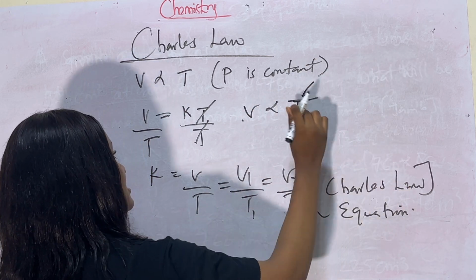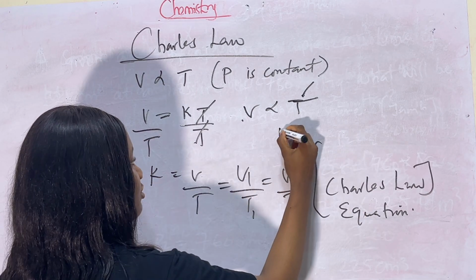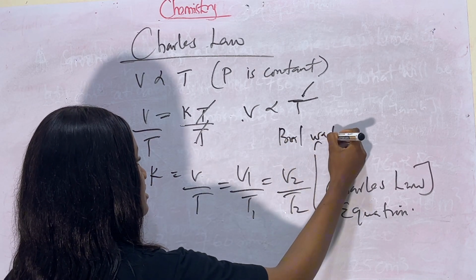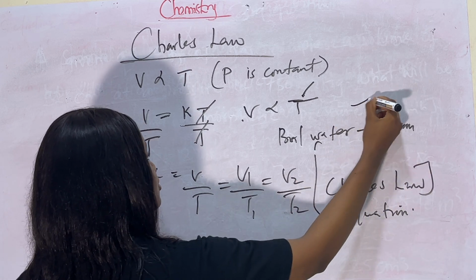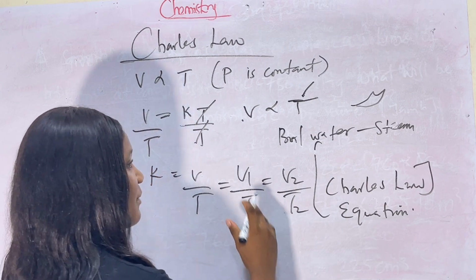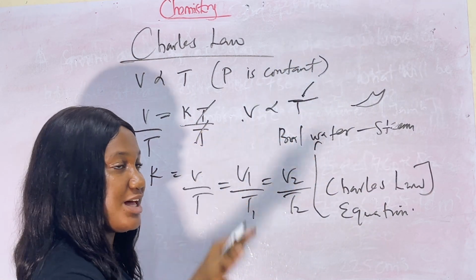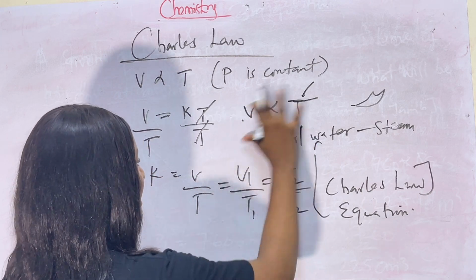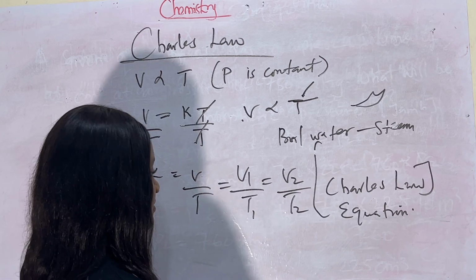So, if I increase the temperature of a substance, let's say a liquid, you boil water, what happens? It changes to steam, and this steam begins to find its way out of your kettle, out of your pot, and it begins to fill the space and begins to occupy more space than usual. So this is how we arrived that if temperature is increased, the volume would increase.